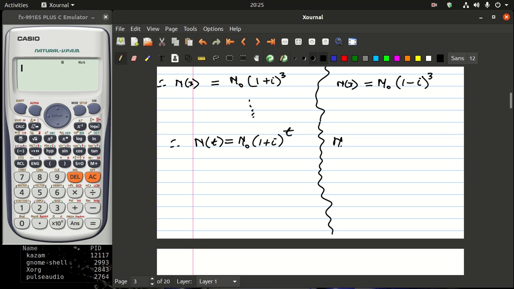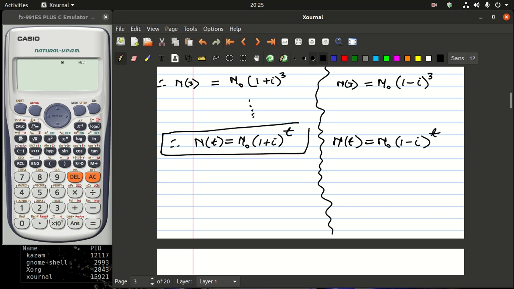And on this side, our N of t for decay, we're going to have N naught, and then 1 minus I raised to t. So this is our formula here, usually called the compound interest formula, and this one here for the decay. So we have these two formulas.